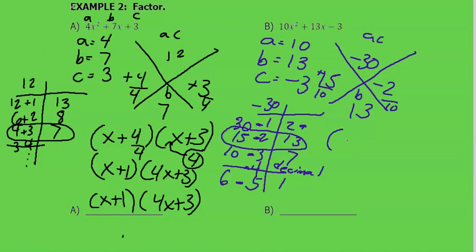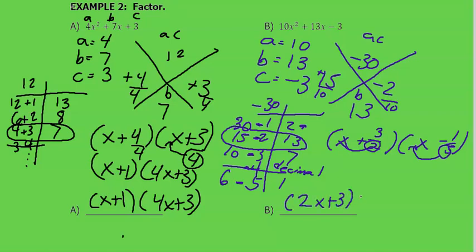You should get x plus 3 halves, and then x minus 1/5. We'll slide each of those denominators to the front of the x's and have your factored form: 2x plus 3 times 5x minus 1, and that's your factored form.